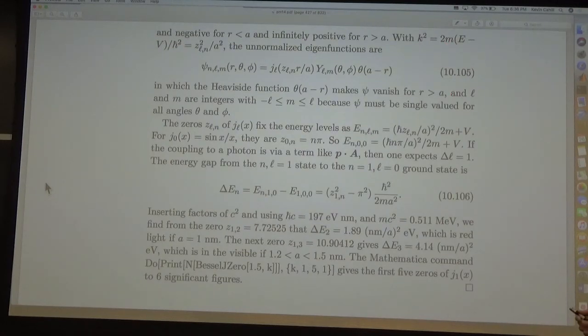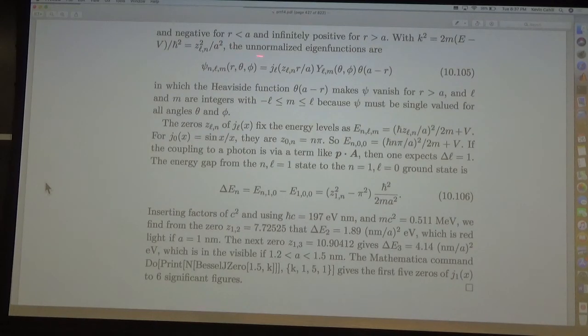We set that equal to, as you remember in Bessel's equation, K squared being the zero of the Bessel function squared divided by the length of the interval squared. And here the interval is 0 to A.